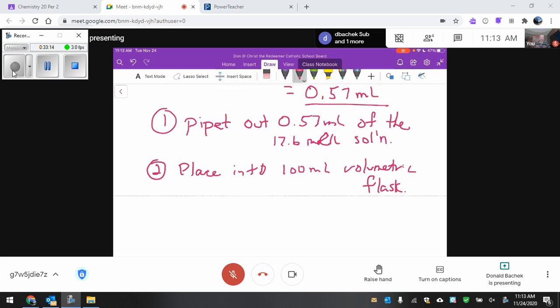In the last example, we dissolved it into a 100 milliliter volumetric flask. This time we're just going to place it into a 100 milliliter volumetric flask. Step 3, we're going to do the same thing. We're going to fill it to the calibration line.